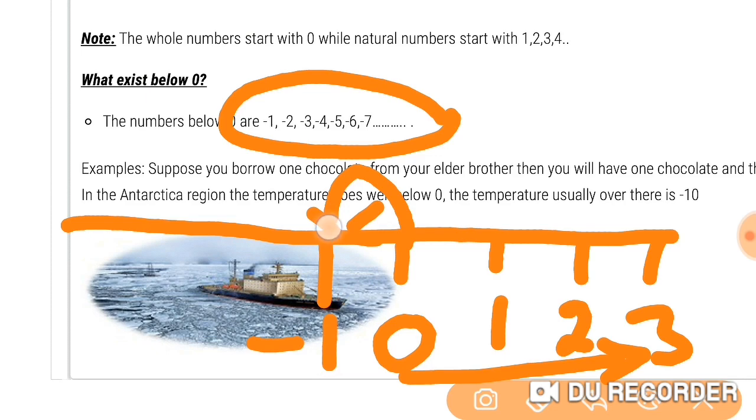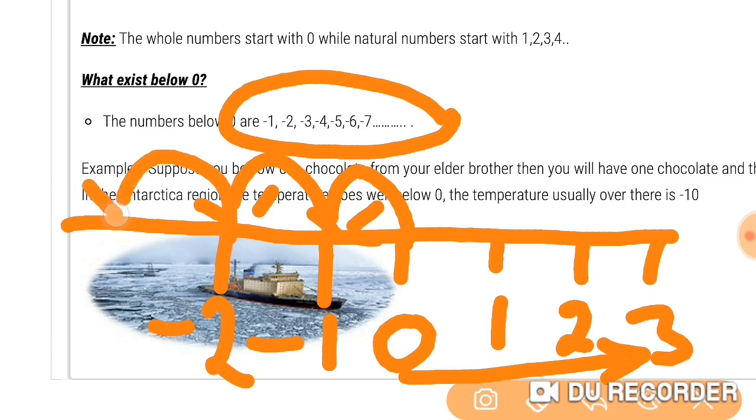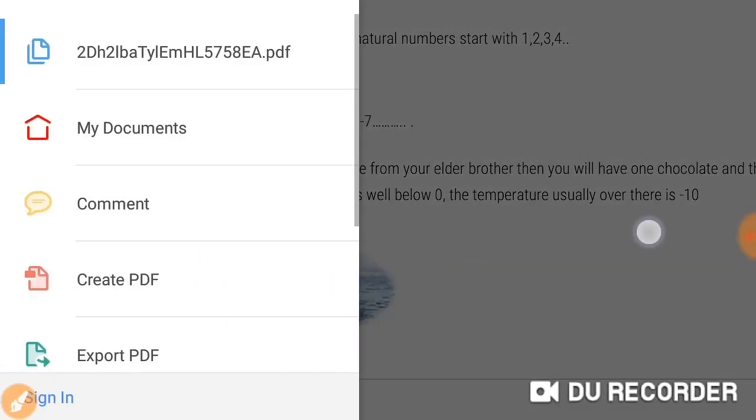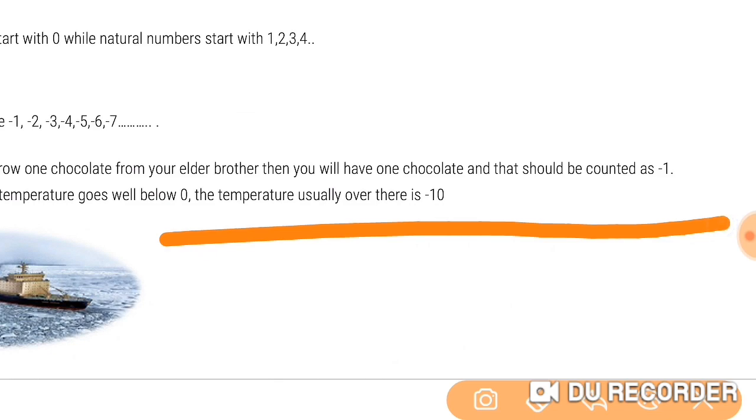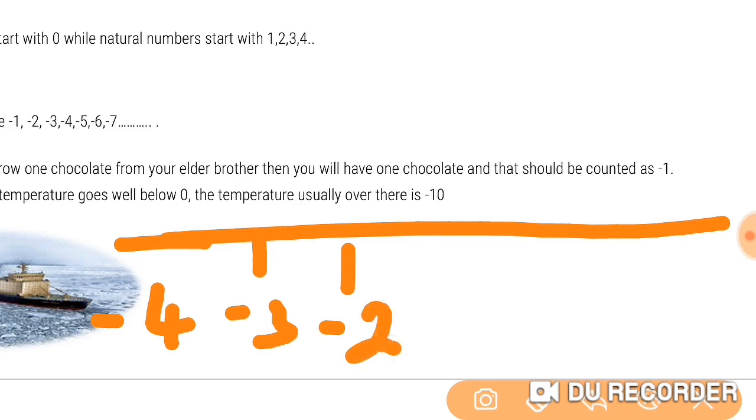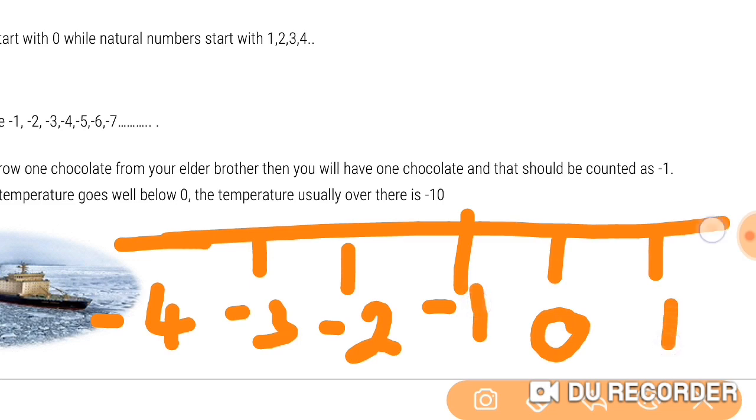Then -1 is lesser than -2, then -2 is lesser than -3, and so on. We write the number line like this: -4, -3, -2, -1, 0, 1, 2 and so on. So -1 is a lesser number than -3.